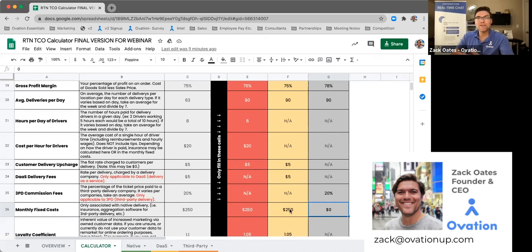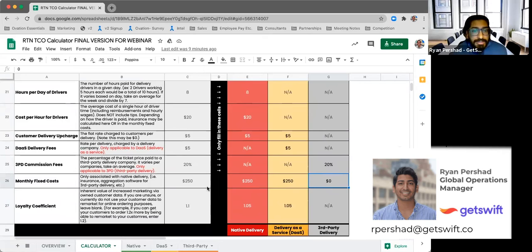Whereas if you're doing native delivery or delivery as a service, you're going to need something typically to do that, like I said, either insurance, technology, or a third-party aggregator where you'll want to factor in that monthly fixed cost here. Yeah, for sure. Zach hit it on the money. This is something, unless you're running a ghost kitchen or something like that, which is a unique case growing very rapidly.